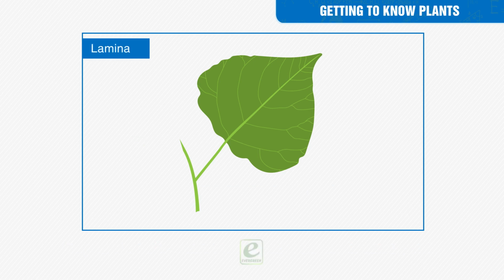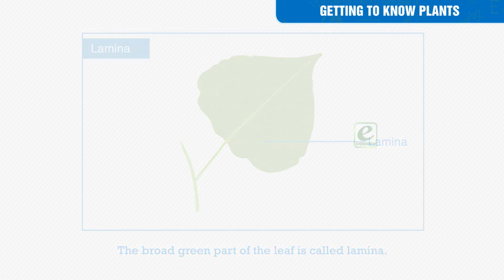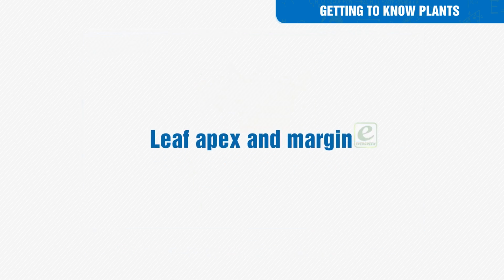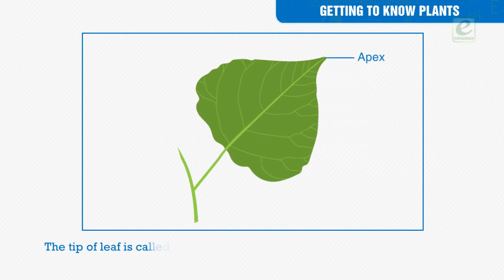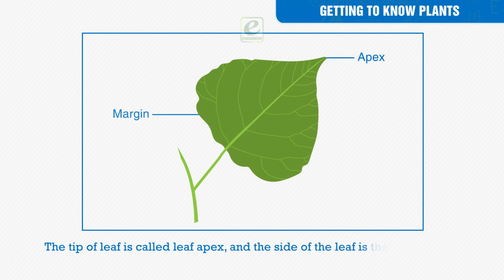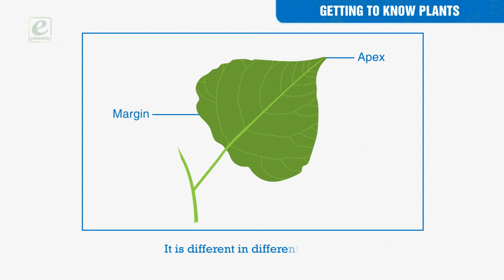Lamina. The broad green part of the leaf is called lamina. Leaf apex and margin. The tip of the leaf is called leaf apex, and the side of the leaf is the leaf margin. It is different in different leaves.